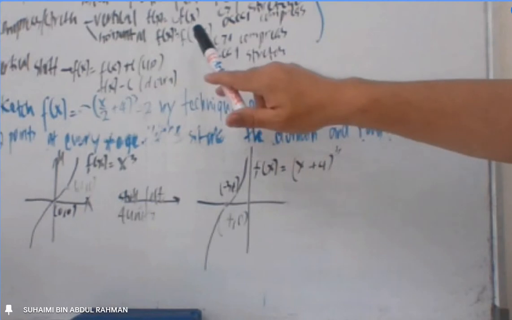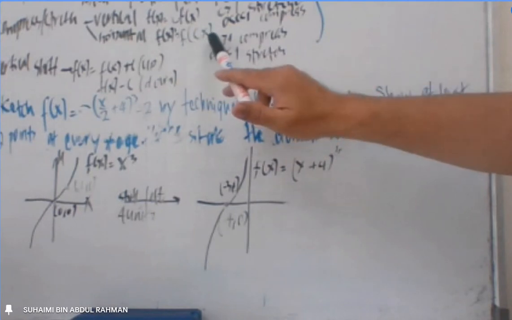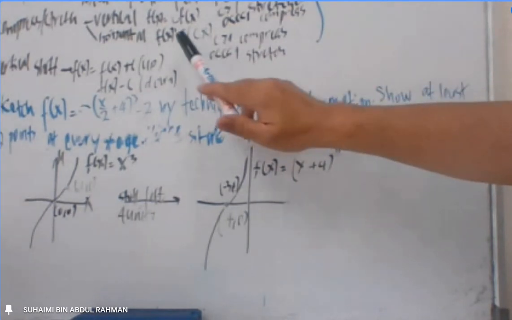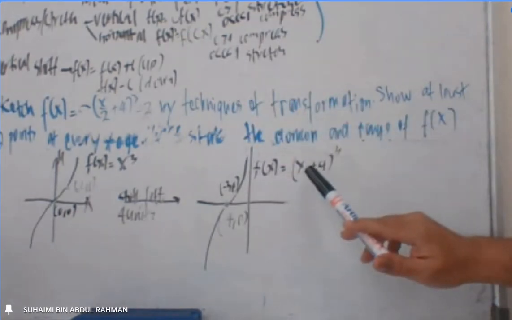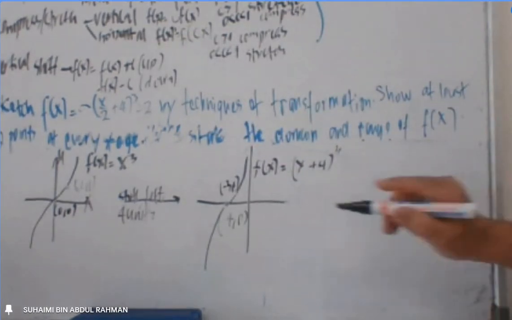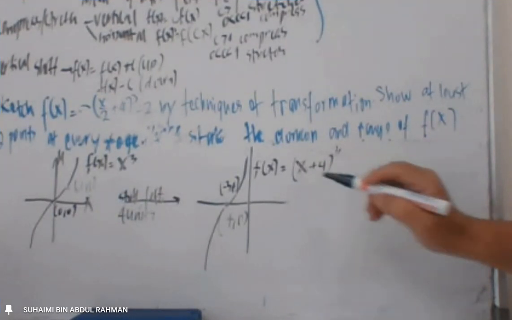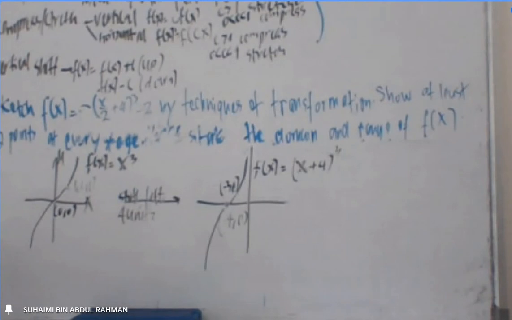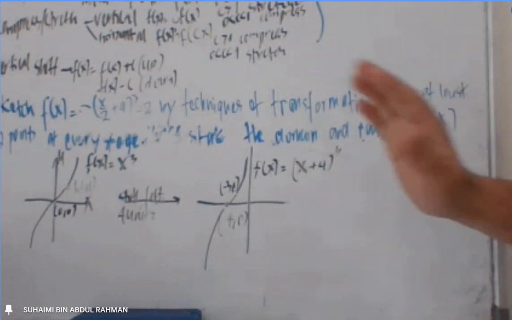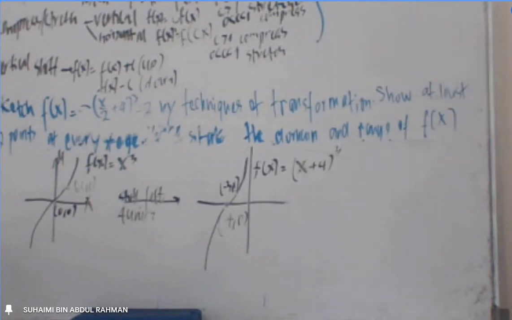Horizontal happens when c is multiplied by x. So x is now multiplied by what? 1/2. When we talk about horizontal, it's going to be the movement left, right.